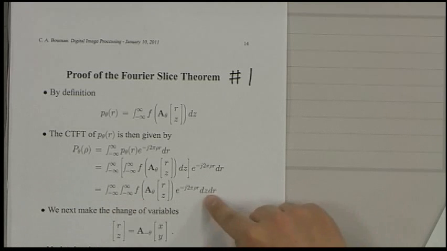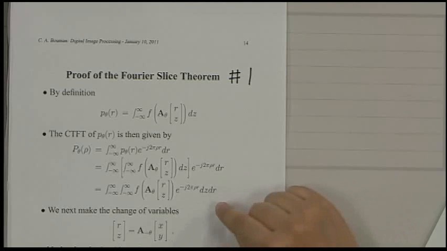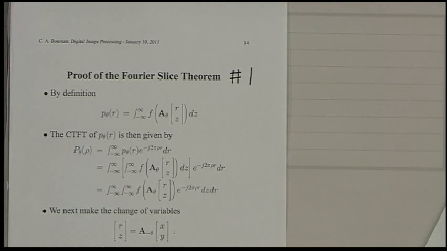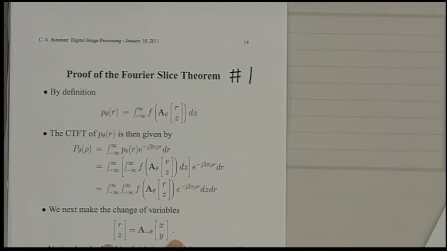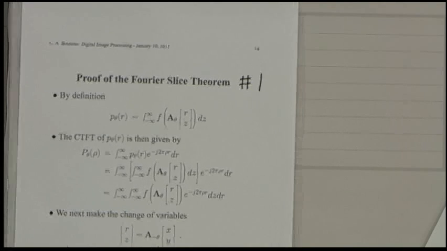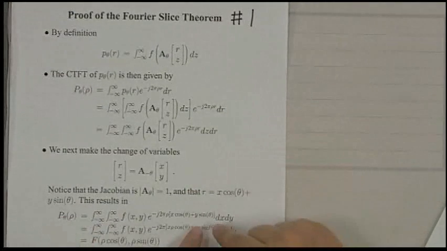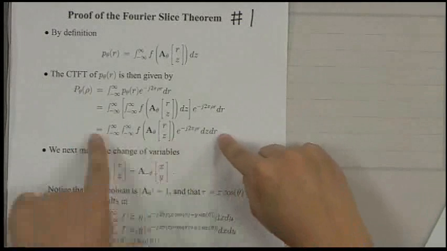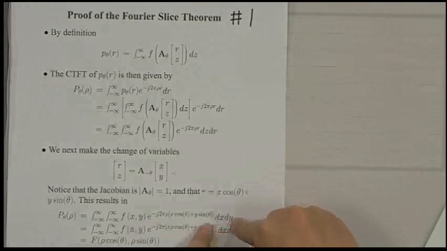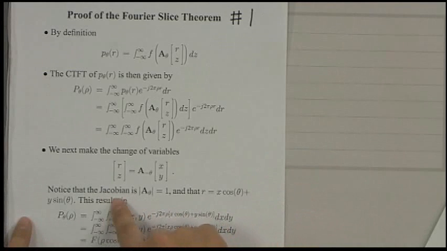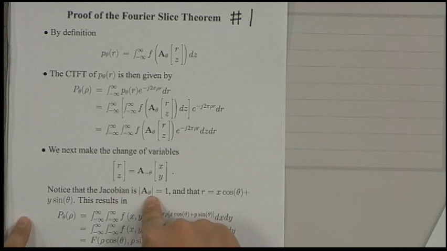And then from this line, what we want to do is change the variable from z, r to x, y for the proof. So we use the relationship equation between x, y and r, z. And to change the variable from z, r to x, y, we need to calculate the Jacobian here.